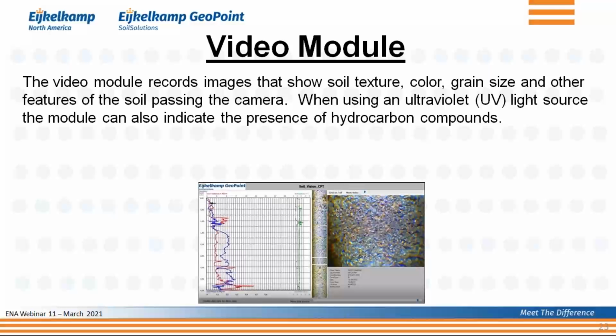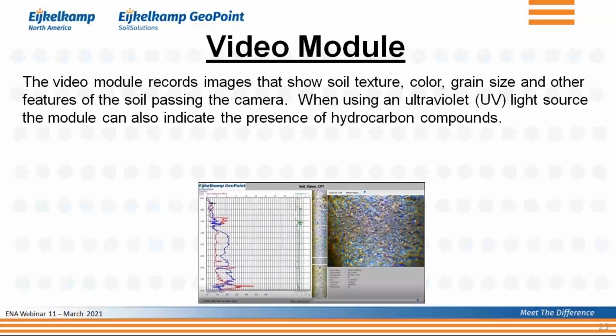It's important that they get a feel for the particle sizes and so on, the color and all kinds of good stuff. And since CPT does not bring any samples to the surface, this could be a good tool for those people that really want to see that. You still don't bring anything to the surface, but at least you get this information.